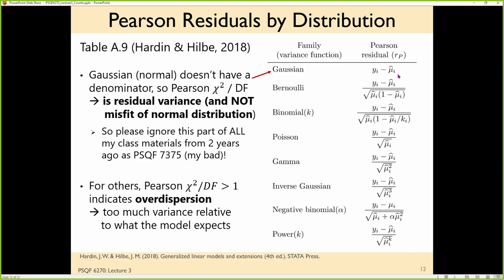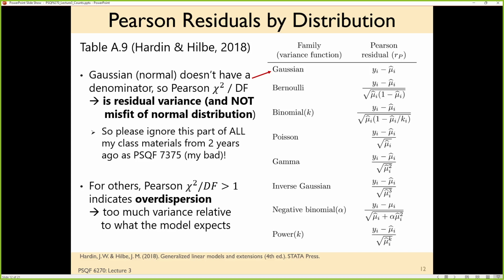If you want to sound fancy, say Gaussian instead of normal. But it doesn't have a denominator. So the Pearson chi-square over degrees of freedom statistic in a normal distribution is just the freaking variance. I felt really dumb when I figured that out. So no, we can't use this to talk about how adequate the fit of a normal distribution is. It doesn't work that way.